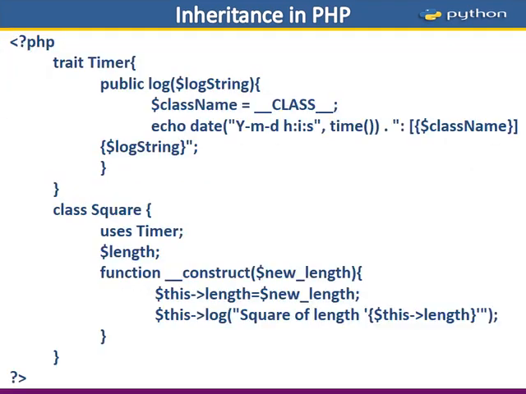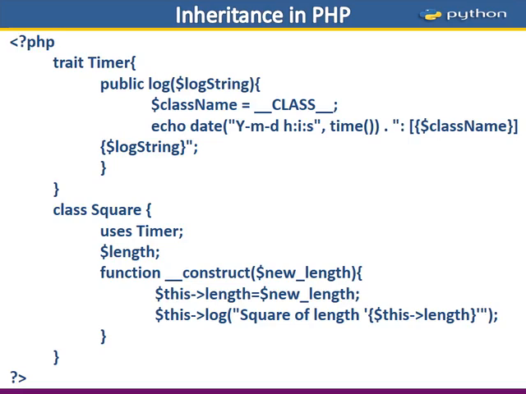We have an example of how we use the trait keyword, and how we use the use keyword as well. It's the same example as before. We use trait Timer. In another example, class Square, we include it with the use keyword. So it uses Timer, going back to the trait Timer.